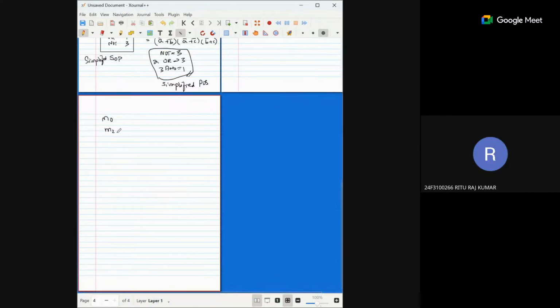Sorry, sir, I didn't get what adjacent means in terms of M0, M2, and M4. Okay, so I have 5 as the maximum min term here, so you can represent it with a minimum number of input variables like A, B, C. So here M0 will be A bar, B bar, C bar, M2 will be A bar, B, C bar, and M5 is A, B bar, C bar.